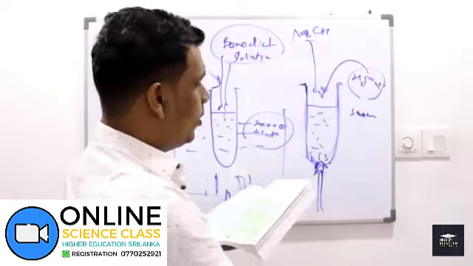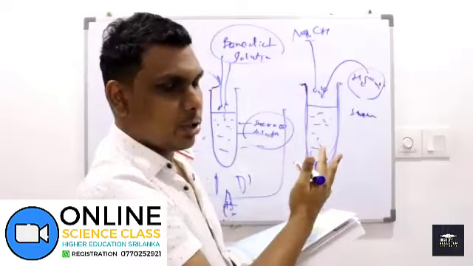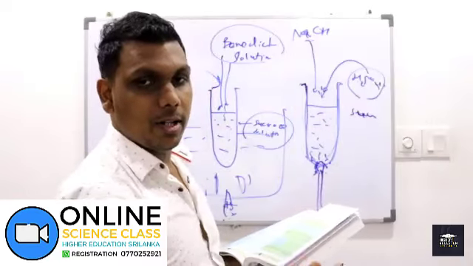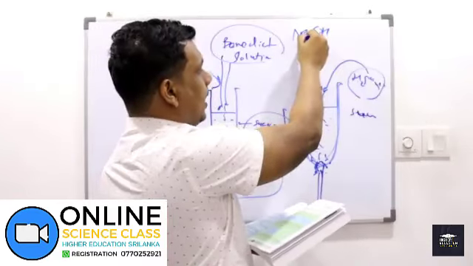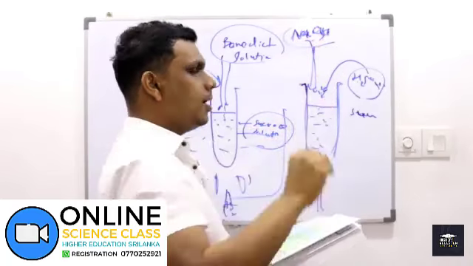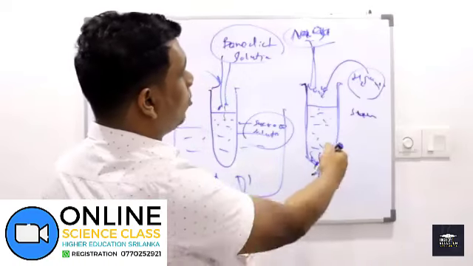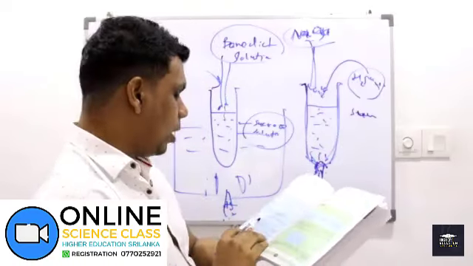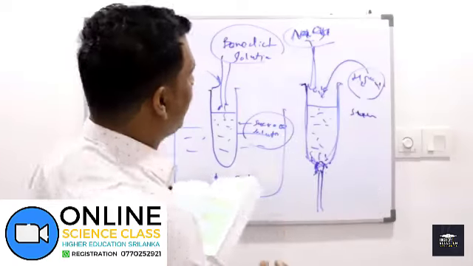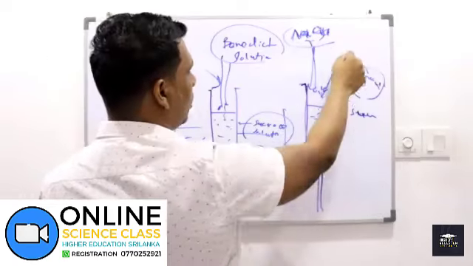To neutralize that, we add a base, sodium hydroxide, NaOH, to the existing sucrose solution along with sulfuric. We add sodium hydroxide to neutralize the medium, and then we are going to add the Benedict solution.